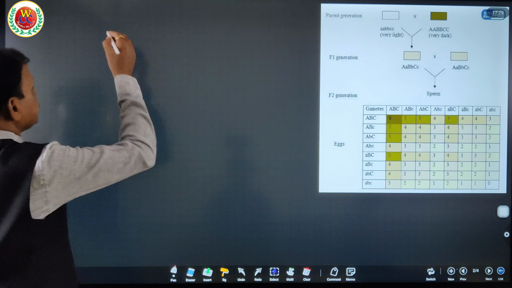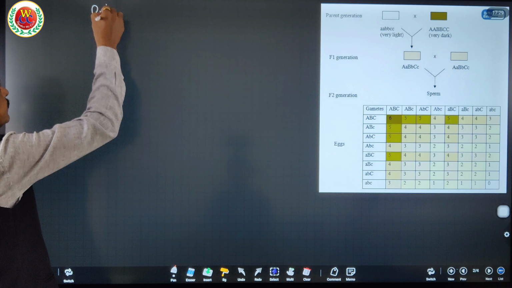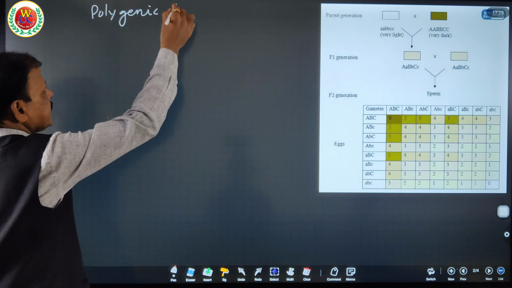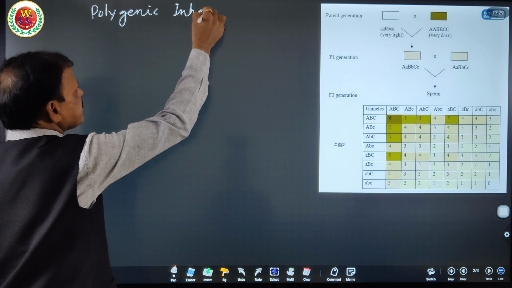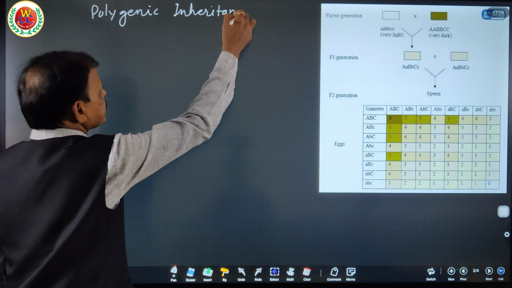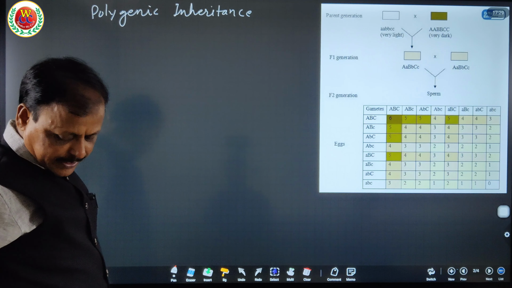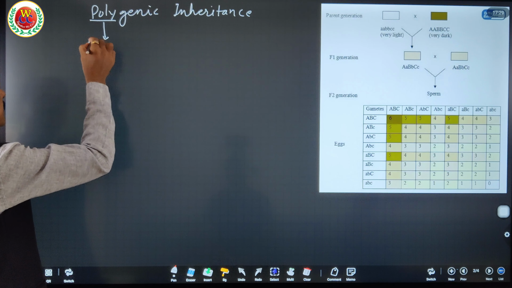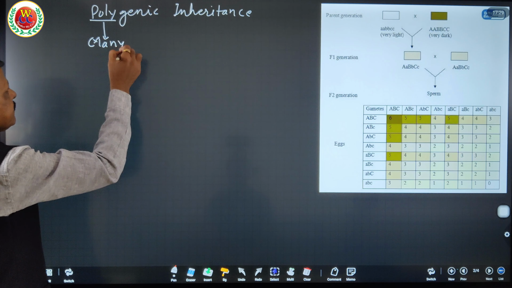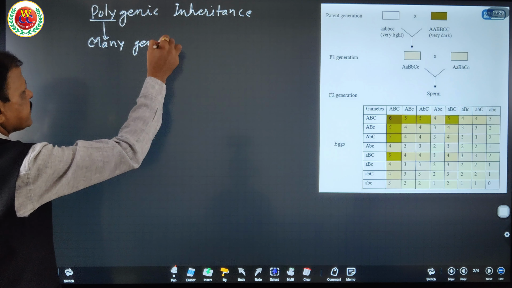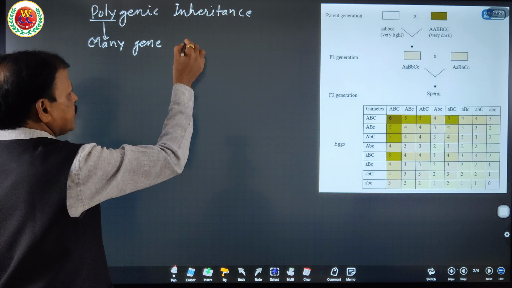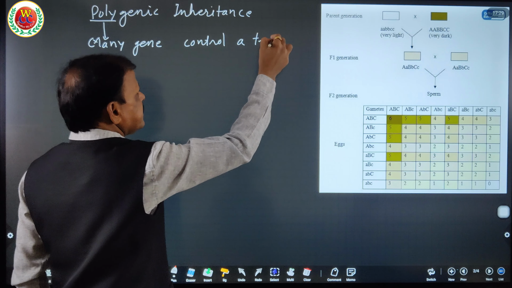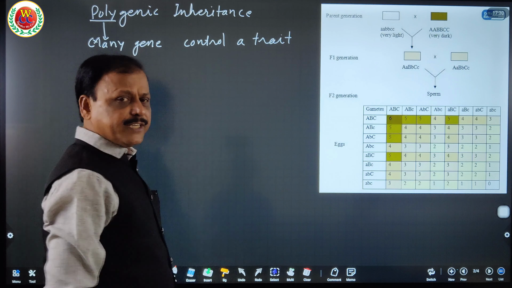In the word itself, it is clearly mentioned that poly means many. Many genes control a trait, and hence it is known as polygenic inheritance.